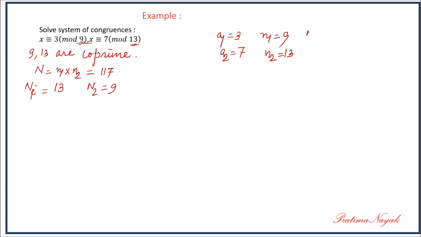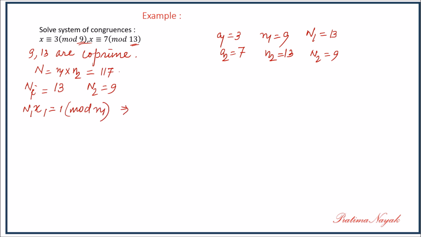When two are there, it is easy. Now coming to x1, x2. N1 x1 equals 1 modulo n1.